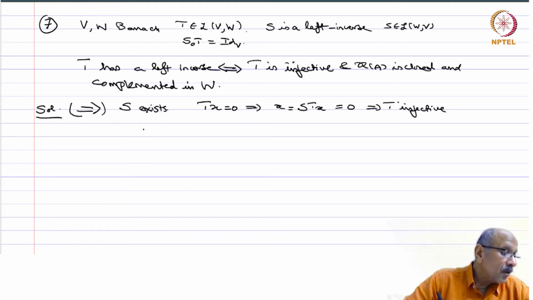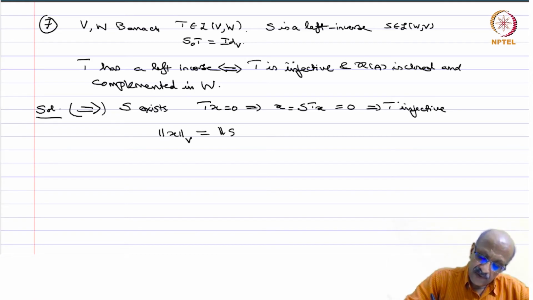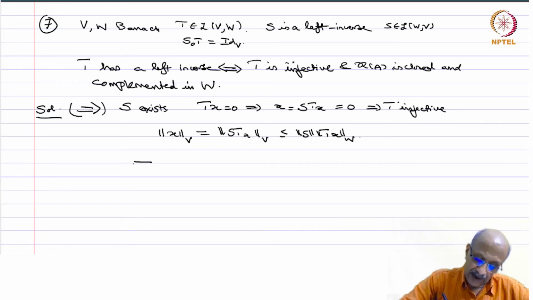Okay, so now let us take norm of x in V. This is equal to norm of STx in V. S is continuous, so this is less than norm S times norm Tx in W. Okay, so we have norm x in V less than a constant times norm Tx in W, and we saw yesterday in one of the theorems, if you have a bounded below, then automatically range of T is closed.